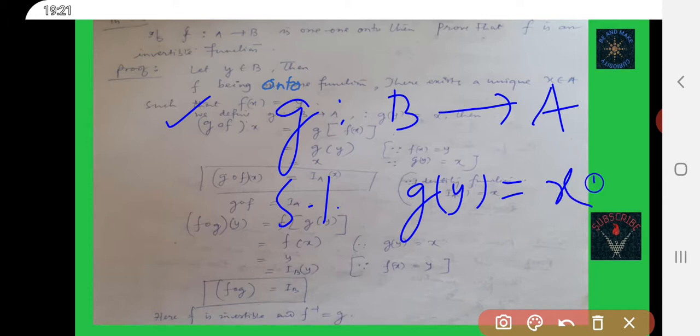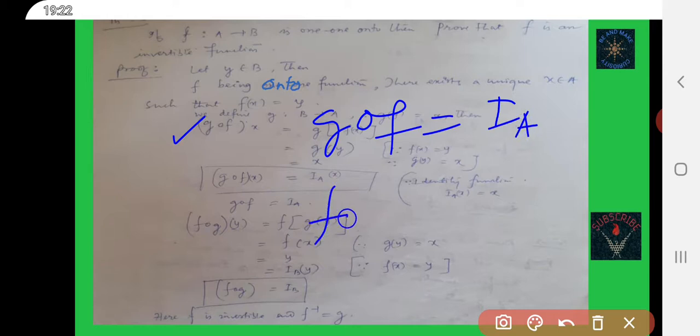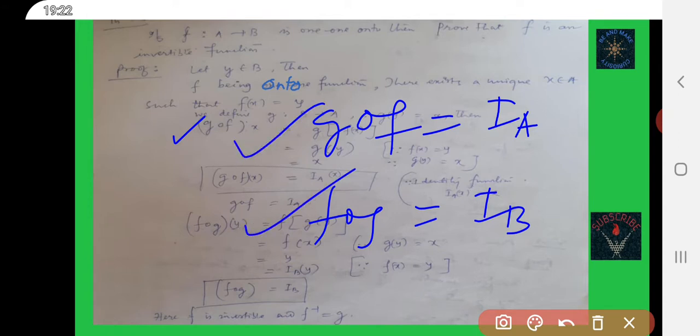Now if we show g∘f is equal to I_A and f∘g is equal to I_B, if we show these two conditions for the functions f and g, then we can say yes, function f is an invertible function and g is the inverse of f.